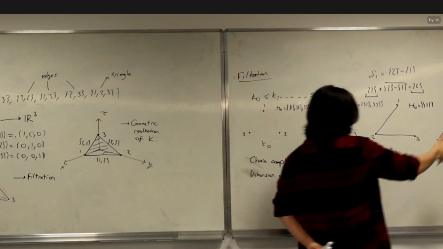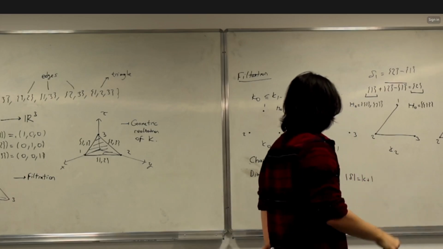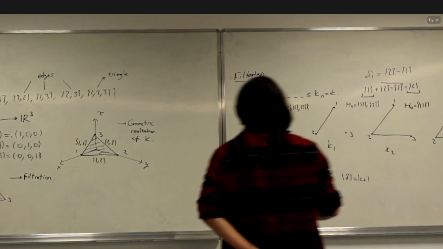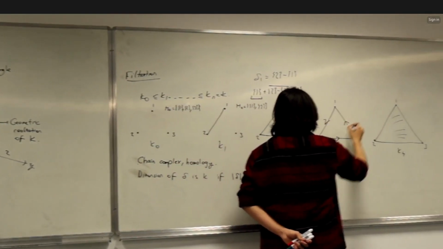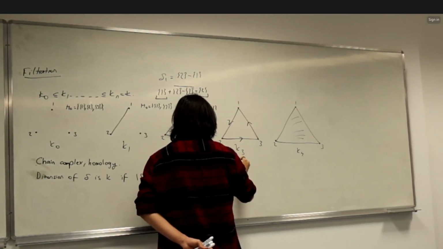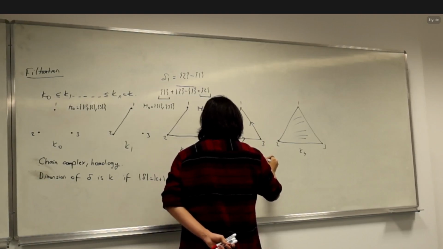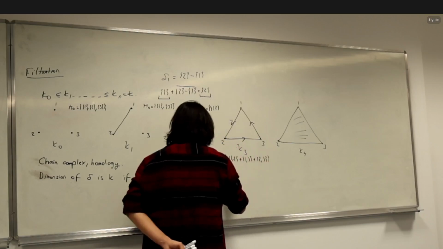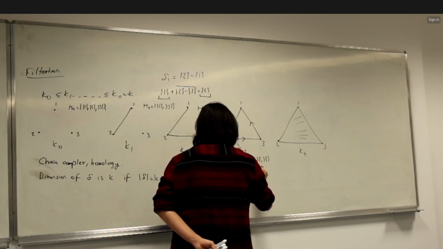But when we add this, we don't kill anything, but what we do is that we get a cycle. Because if you look at the boundary map of 1,2 plus 1,3 plus 2,3, that will be 2 minus 1 plus 3 minus 1 minus 3.